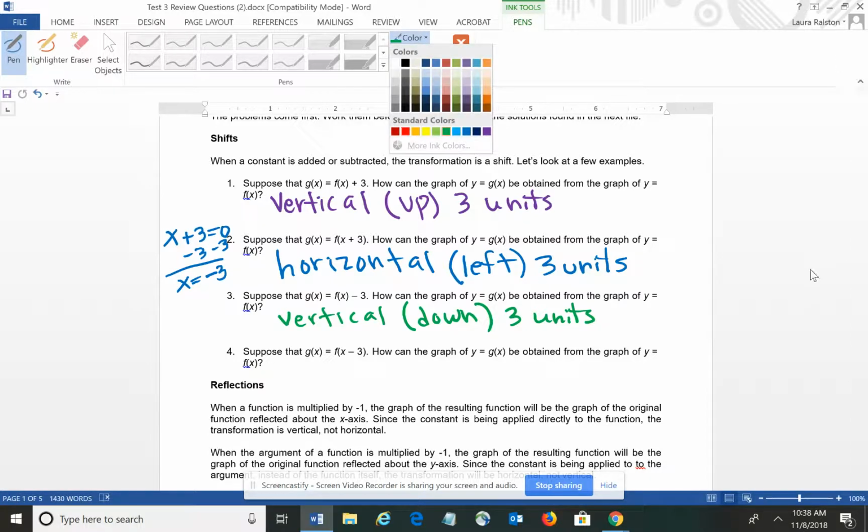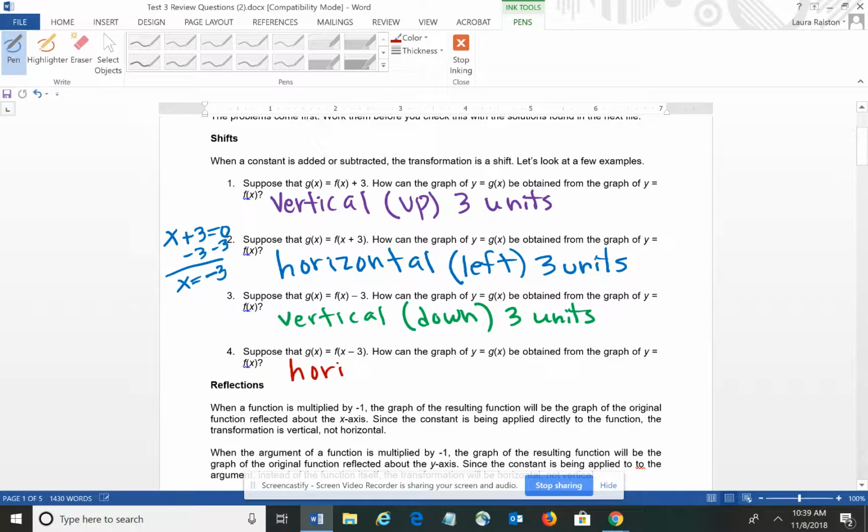In this case, it's inside the parentheses with the x, which lets me know it's horizontal. Remember, if it's with the x, you're on the horizontal axis. And again, it's opposite of what you think. It's minus 3, so we're going to go to the right 3 units. If you take the expression in the parentheses, x minus 3, and solve for x, it becomes more obvious that it is a positive 3.